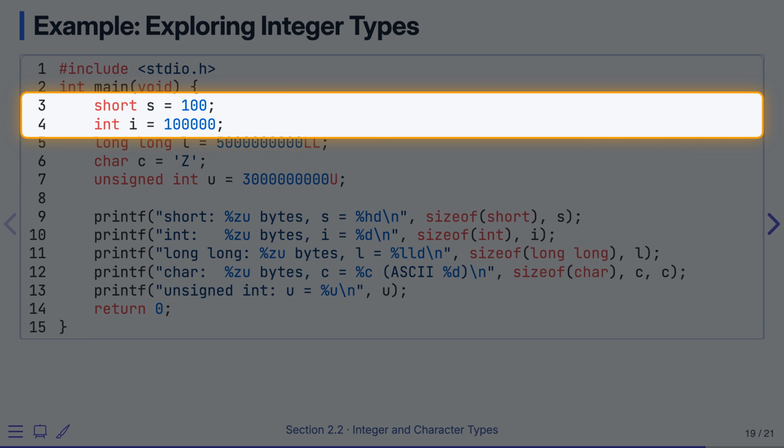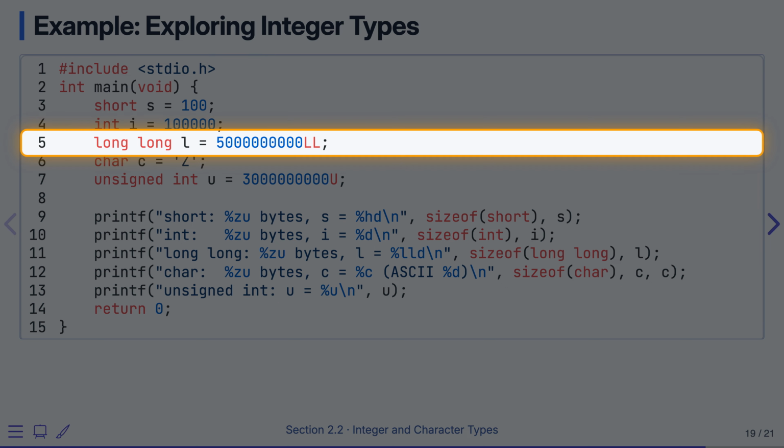Here is a program that pulls it all together. It declares one variable of each type, a short set to 100 and an int set to 100,000. Here is a long set to 5 billion. The double capital L suffix, LL, tells the compiler this literal is a long long. 5 billion is too big for an int, and even too big for a plain long on some systems.